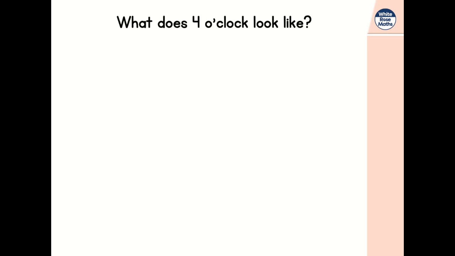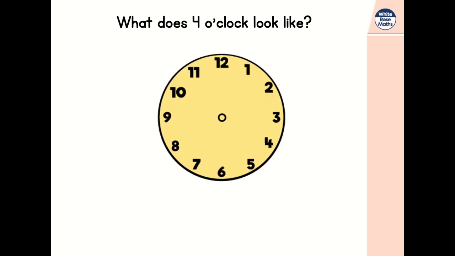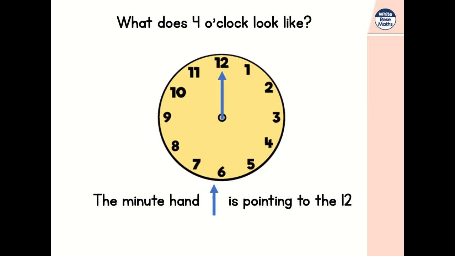So what does 4 o'clock look like? Can you remember? Here's a clock. If we were to build 4 o'clock with the hands, the minute hand would be pointing to the 12. You remember where the hour hand would go for 4 o'clock? That's right, pointing to the 4.